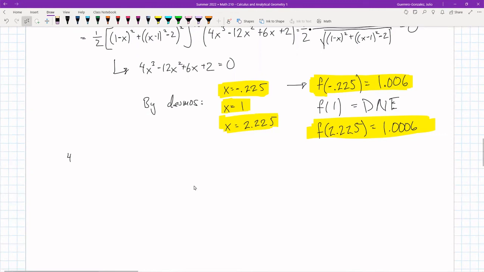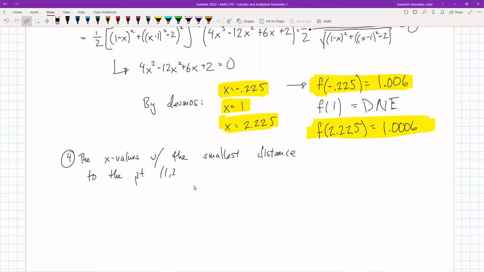So for 4, the points closest to the point 1 comma 2 are x equal to negative 0.225 and x equal to 2.225. This is our final answer.